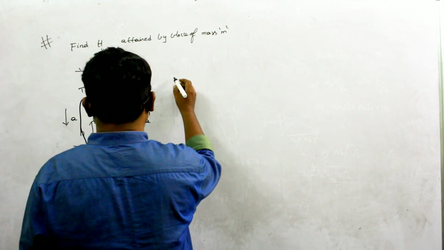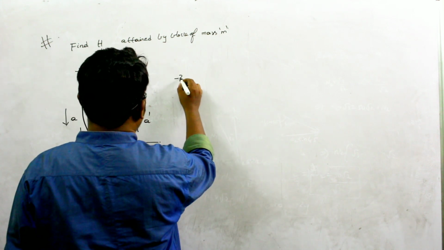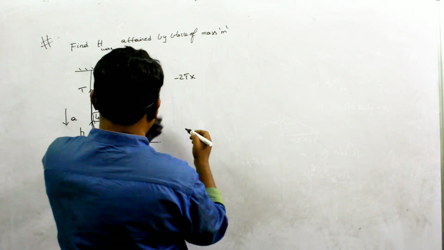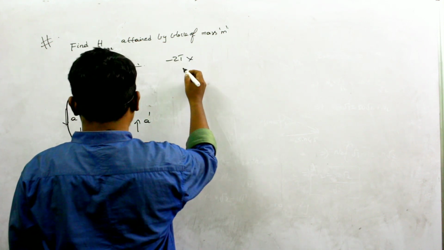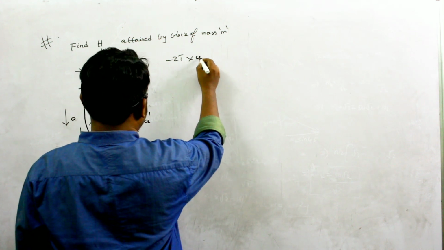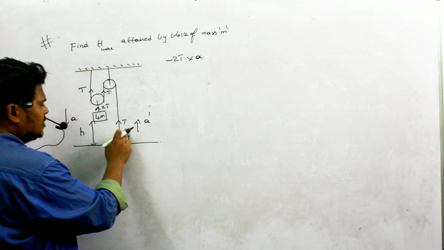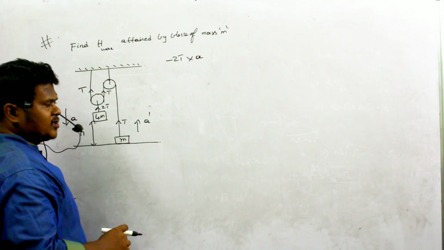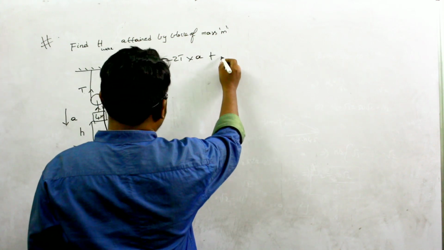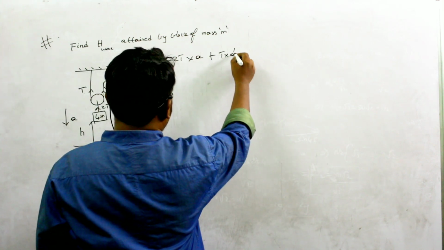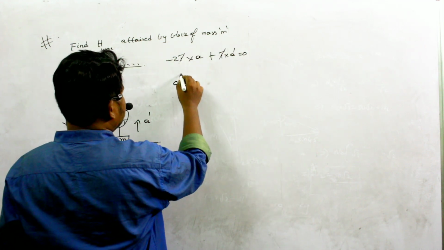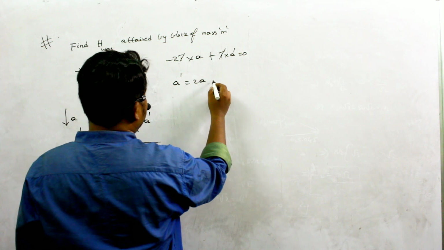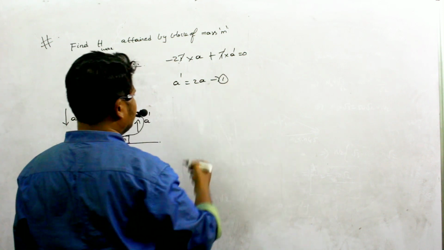So I can write: minus 2T into A, and in this condition tension and acceleration are in the same direction, so I take them positive, T into A dash should be equal to 0. So T gets cancelled. So A dash is equal to 2A. This is our equation number 1.